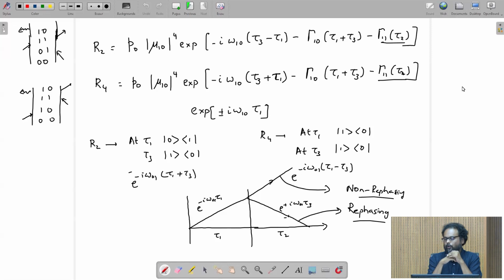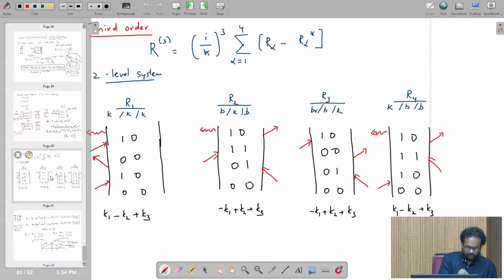We have spoken about linear response, second order response, but more importantly, third order response, which happens to be most relevant, right?